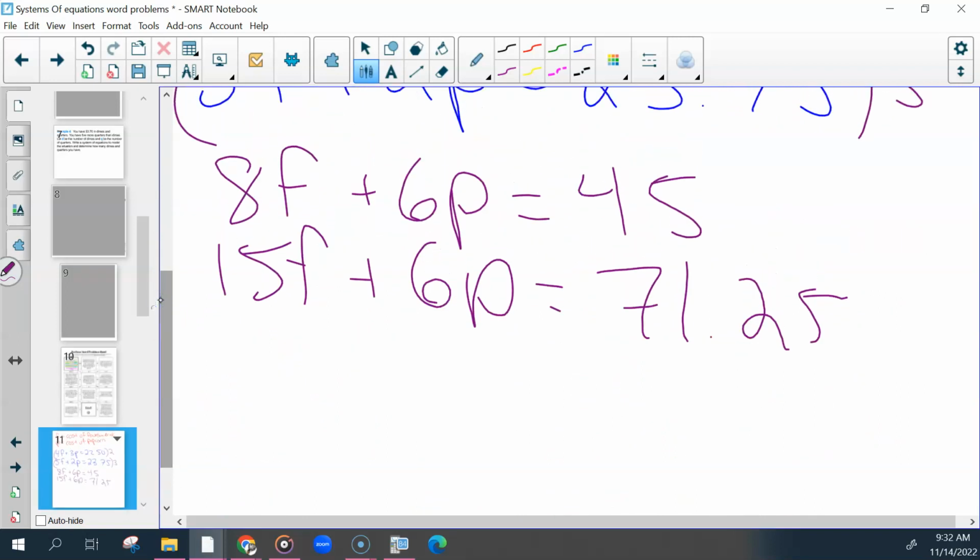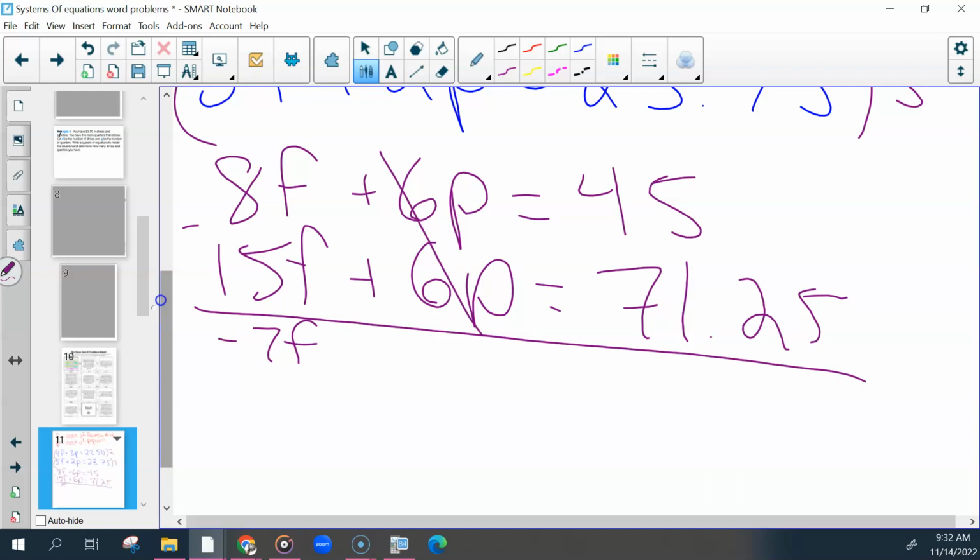So now, to eliminate our P, we would do what? So we'd have 8 minus 15, which would give us a negative 7F. The P's would cancel. 45 minus 71.25 would give us what?